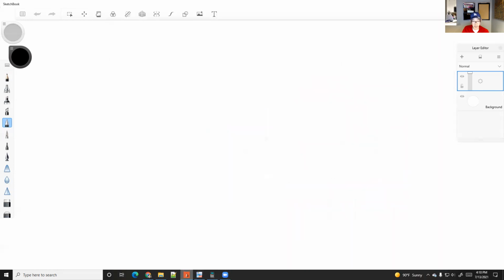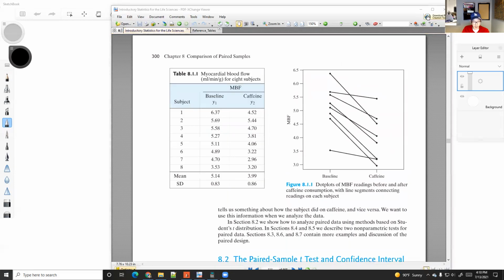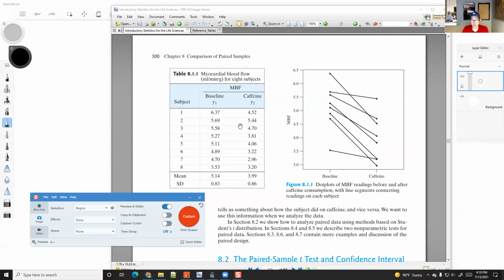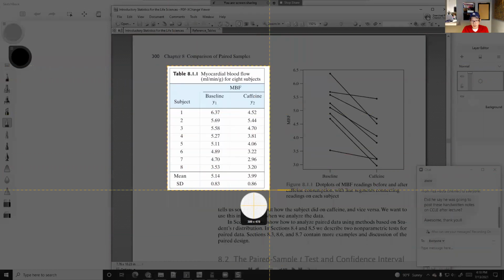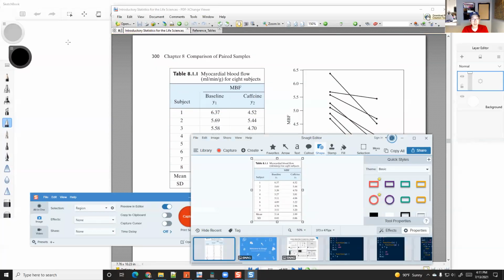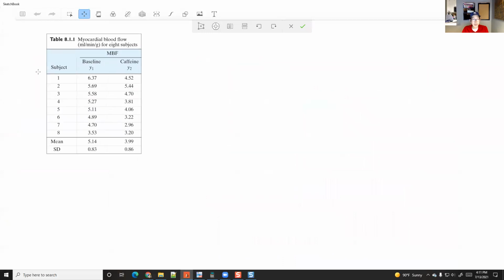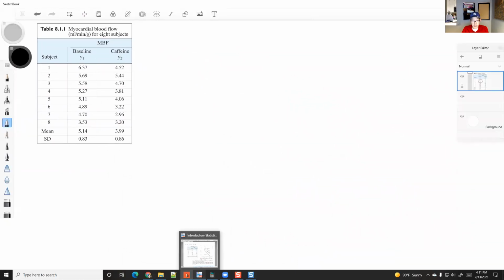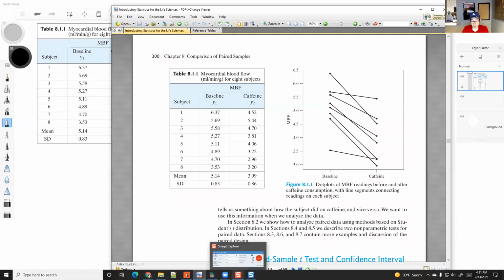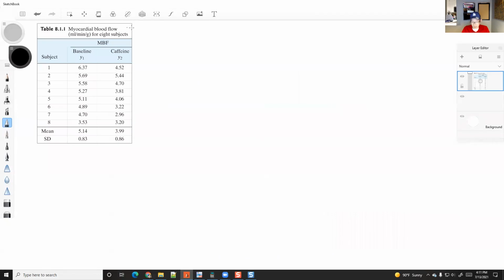Let me copy this into our plot here. This is what it looks like, and there's also a corresponding plot. But let's look at this.